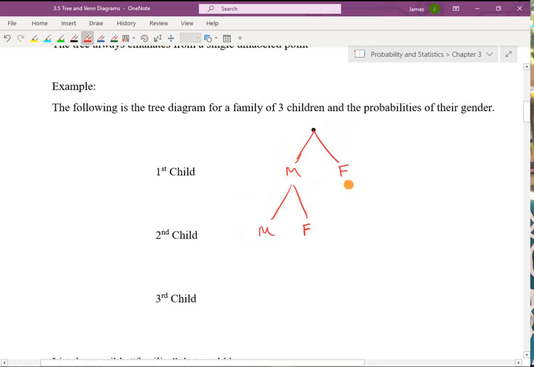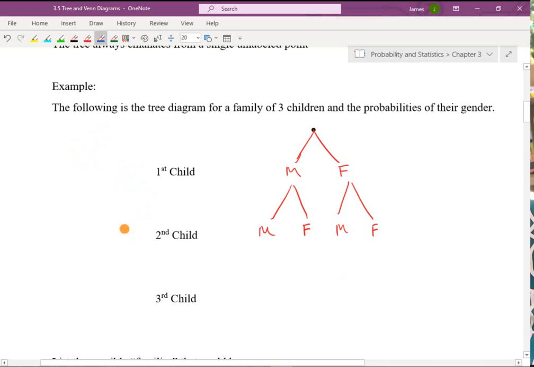But if the first child was female, could that second child have been male, female? Okay. Now my question, just with 2 children right now, would a male, female, as a male being the first child, female being the second child, is that different than a female being the first child and a male being a second child? That family's different, right? Okay, so I just want to make sure we understand that.